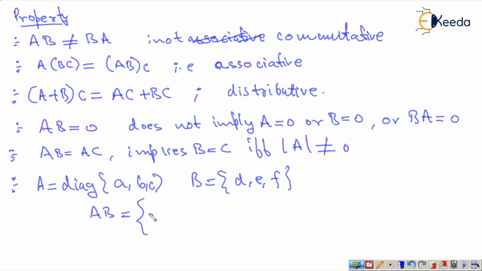So this is A into D, B into E, and C into F. Directly, we don't have to do any operation. We can directly write the corresponding diagonal elements being multiplied: AD, BE, and CF. Right? And of course it is going to be of the same dimension.